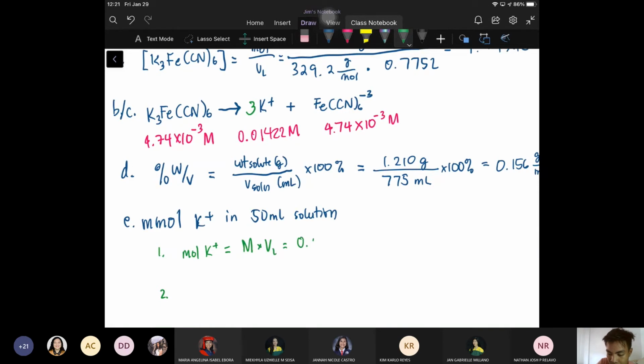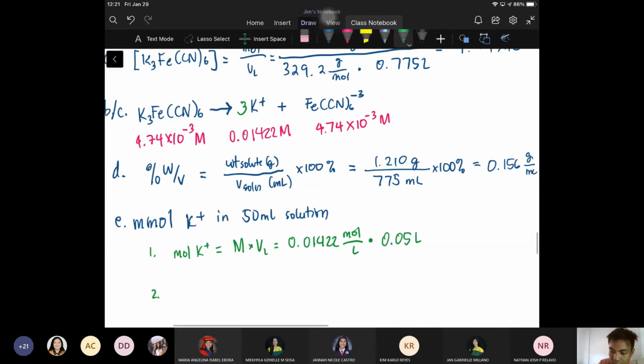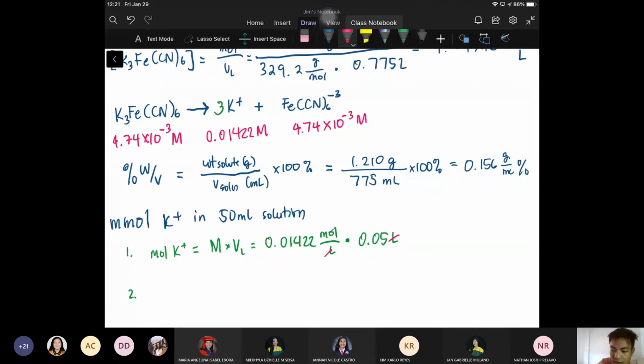So, that's 0.01422 times liters. Anong solution daw ba? 50 ml solution na. So, yan yung volume na gagamitin natin. Liters pala. 0.05 liters. Okay. Liters will cancel out.